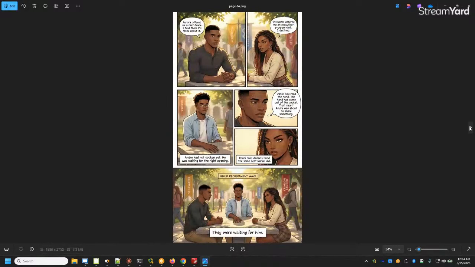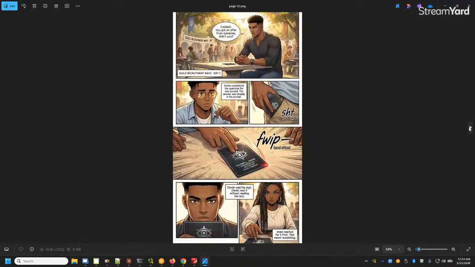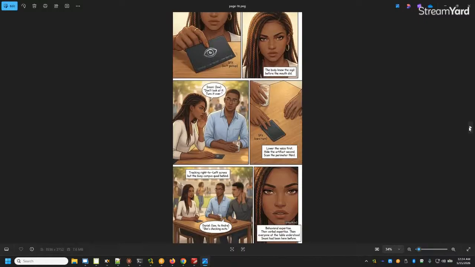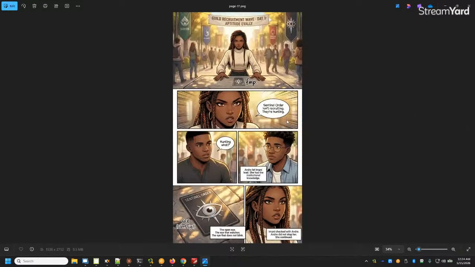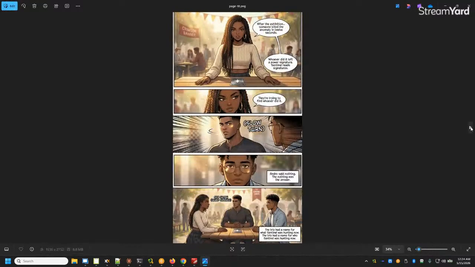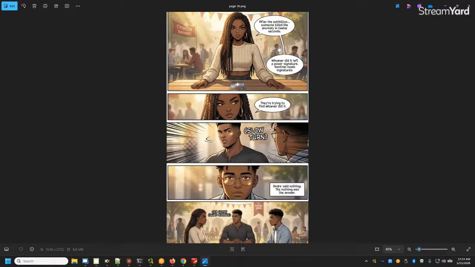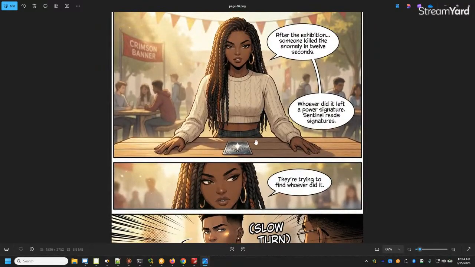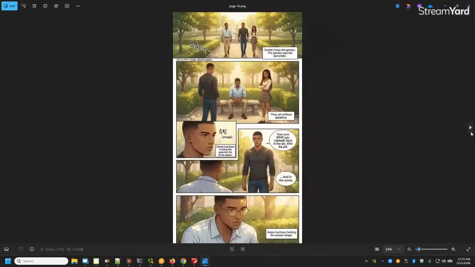Stillwater offered me. Yep. Sentinel order is recruiting, they're hunting. "After the expedition, someone killed the anomaly in 12 seconds. Whoever did it left their power signature. Sentinel read signatures." Okay, not anomalies.